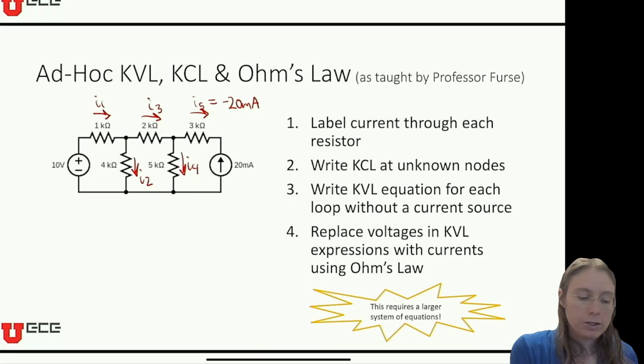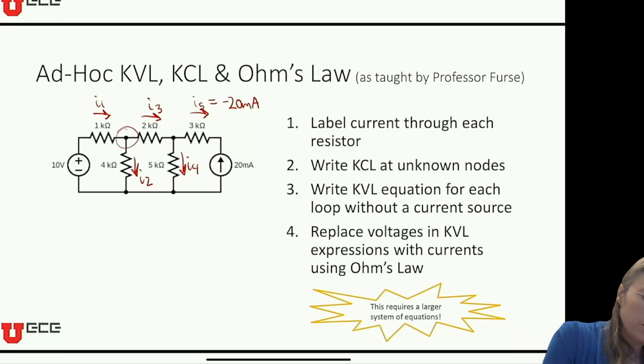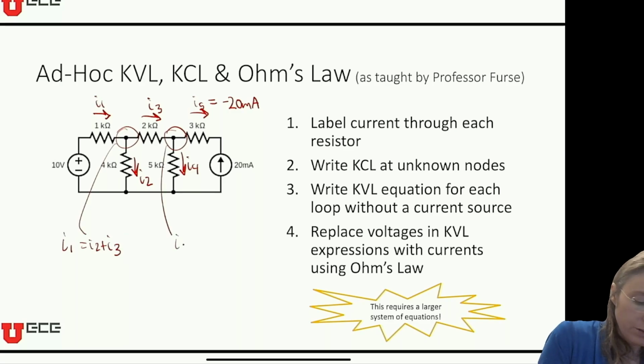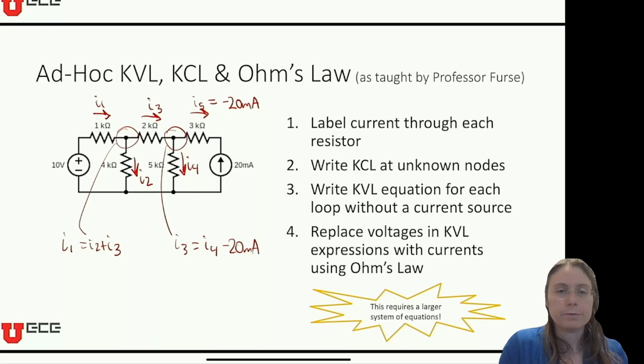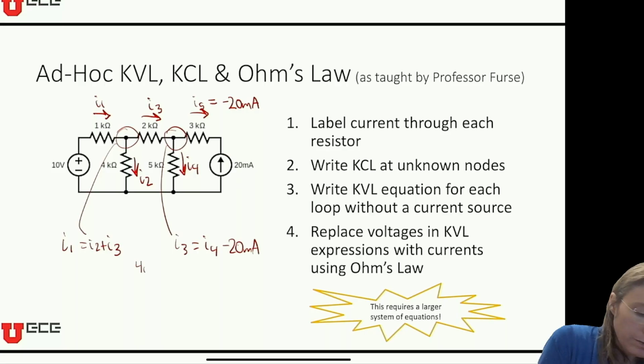Okay, and so then I can write a KCL here and here essentially. So for this first one, I have I1 is equal to I2 plus I3, and for this one I have I3 coming in and I4 minus 20 milliamps coming out. Okay, so I have 4 unknowns right now, which means I'm going to need 4 equations.